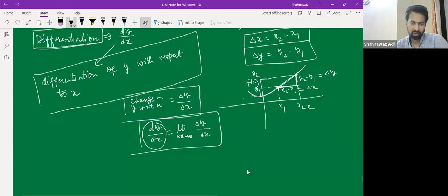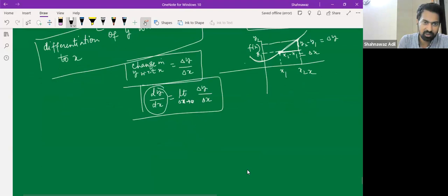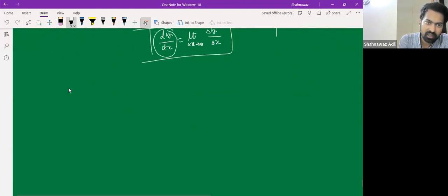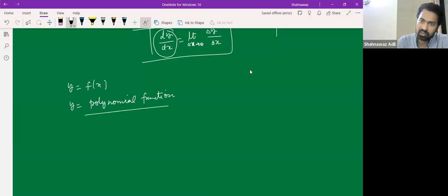Okay, so now we have some special cases. Let's say y is a function of x, and y is a polynomial function, like x squared or x cubed, or x^17 or x^18.